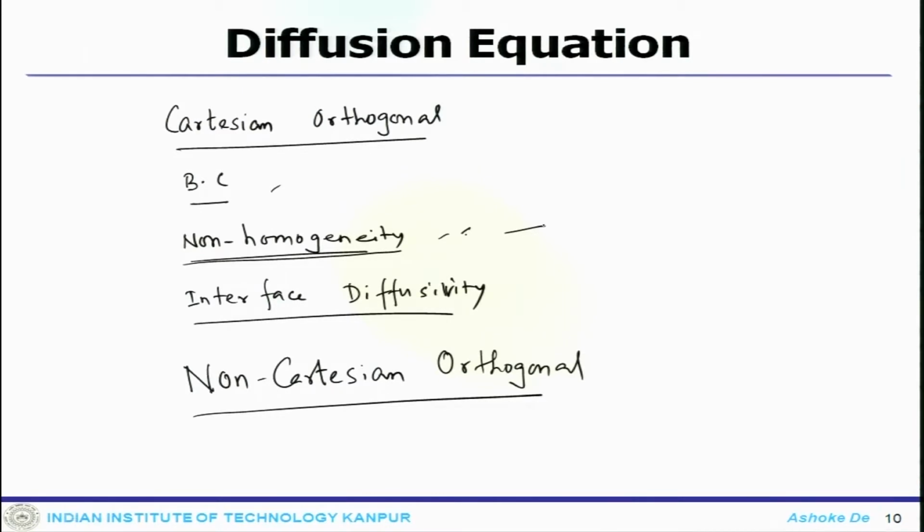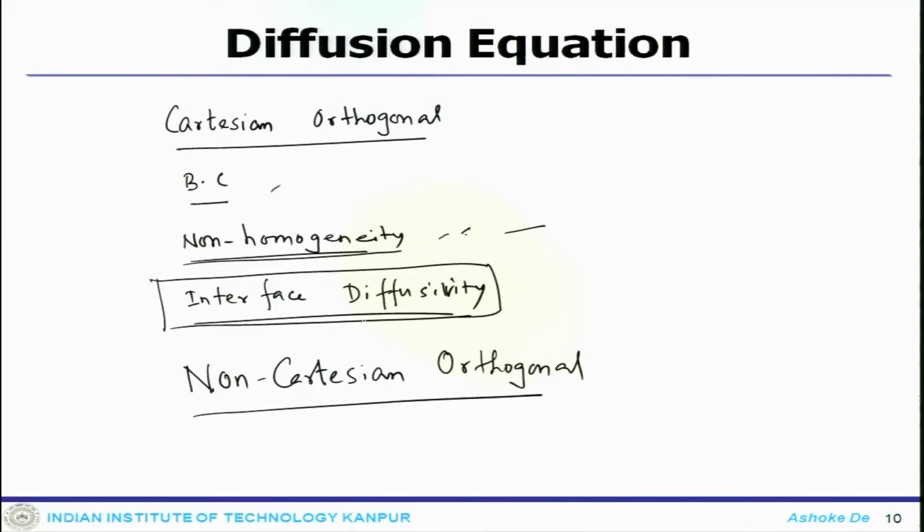And then finally, what we stopped at in our last lecture is the calculation of the interface diffusivity. Interface diffusivity is an important parameter when you have a variation of the diffusivity coefficient along the space, then there is a non-homogeneity and you need to take care of that.